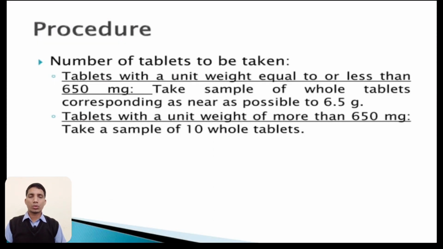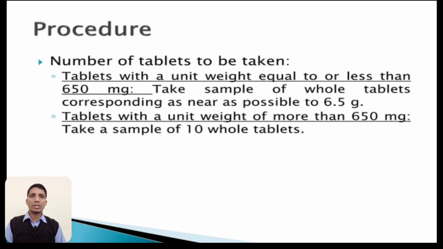Now we come to the procedure and the number of tablets. For tablets with a unit weight equal to or less than 650 mg, take a sample of tablets corresponding as near as possible to 6.5 grams.